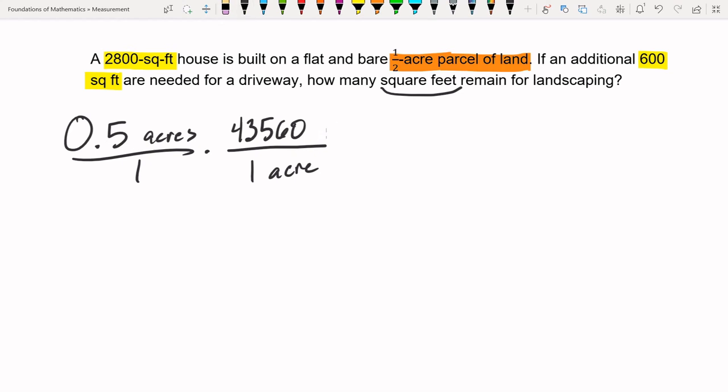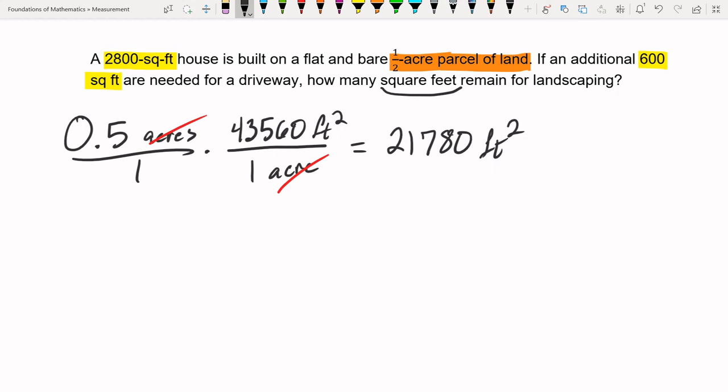Or you can write it as SQFT, but you should probably get more in the habit of writing it out like this. Okay, now you see that the acres cancel. And now all we have to do is multiply 0.5 times that, 0.5 times 43,560 gives us 21,780 square feet.